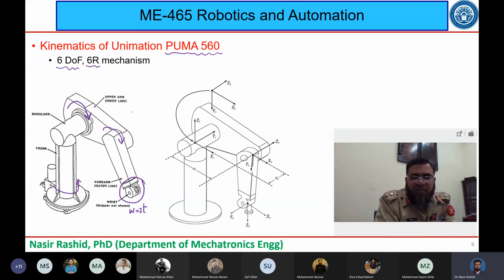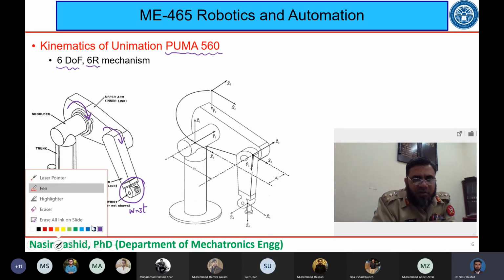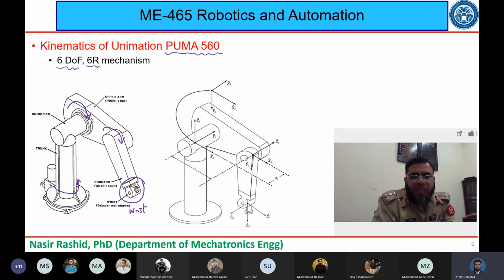So we have the first, let me take the red color, frame number 1. We have frame number 1 here. Why do you see that the base frame and frame number 1 I have brought together here?